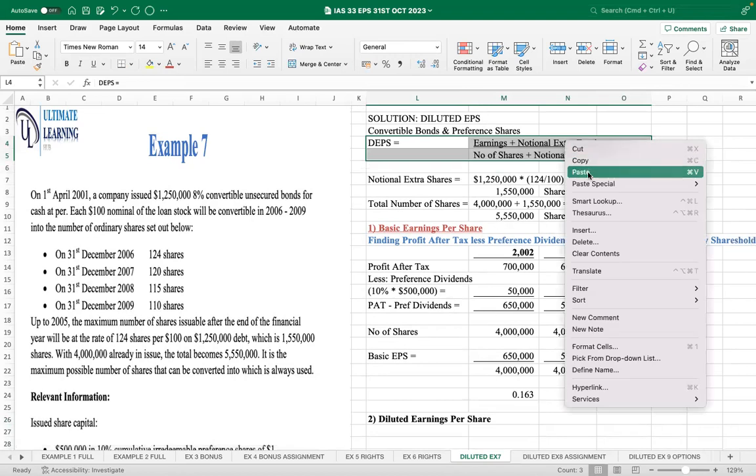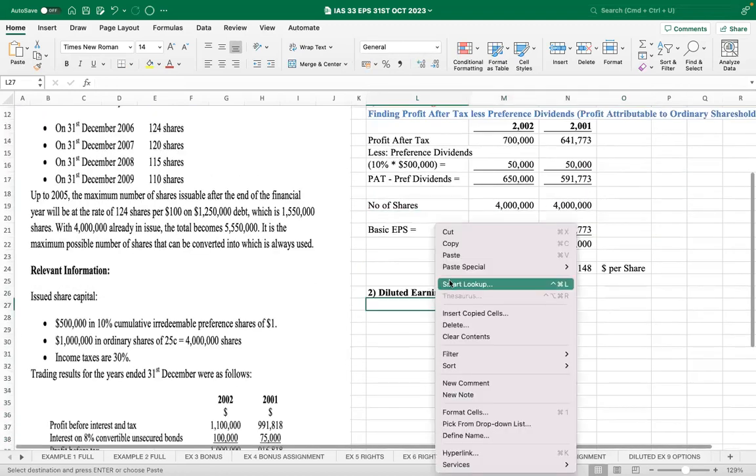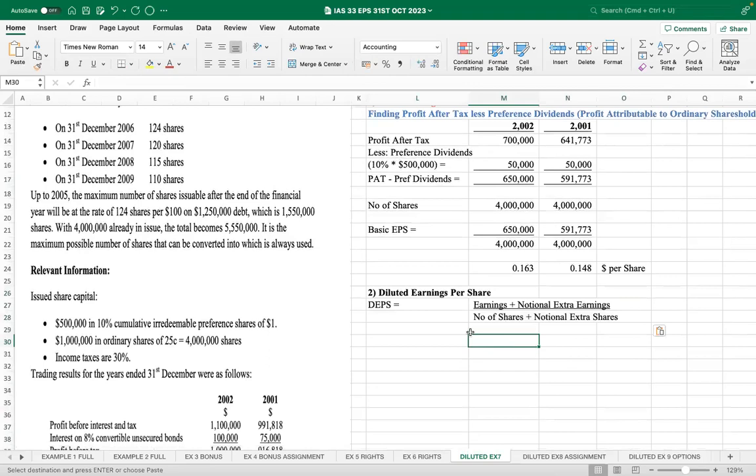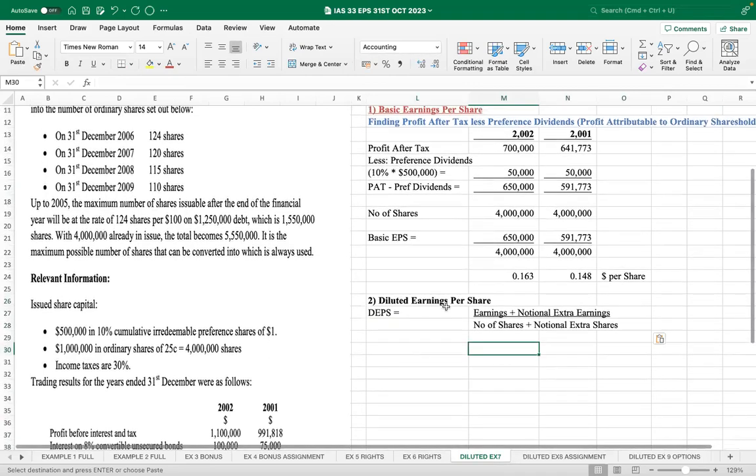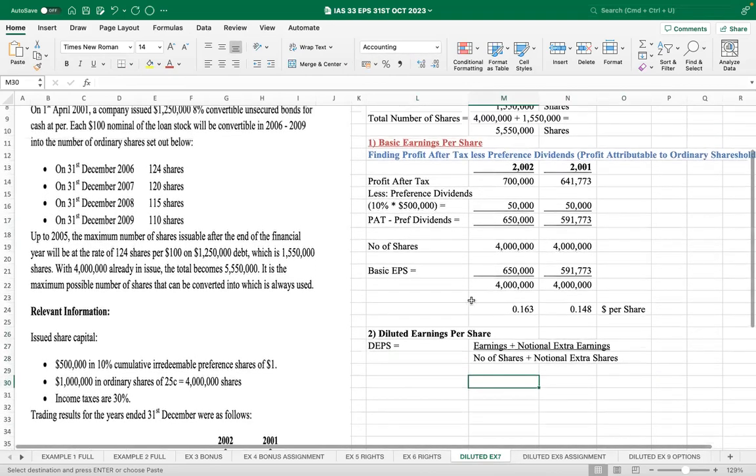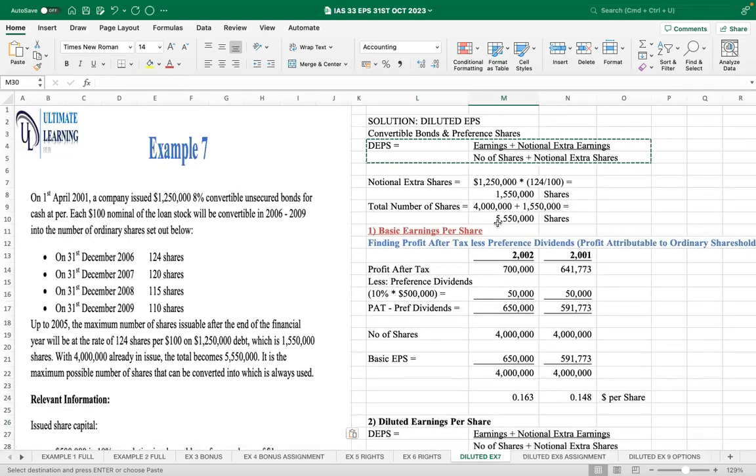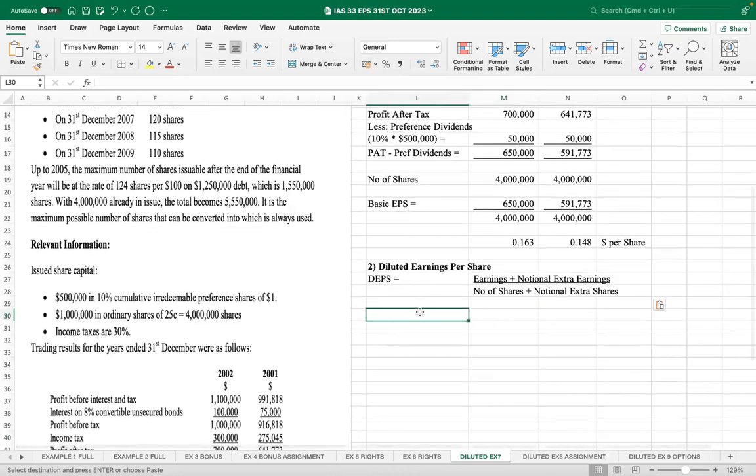Okay, now we already have the notional extra shares. And remember, the notional extra shares were raised in the year 2001, not in the year 2002. So in this case, we need to start with earnings plus notional extra earnings.